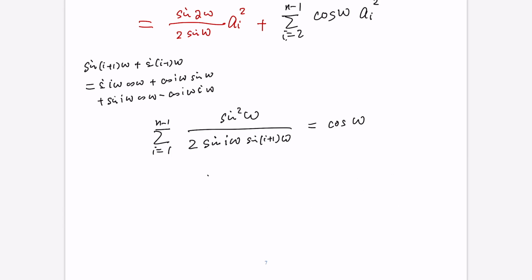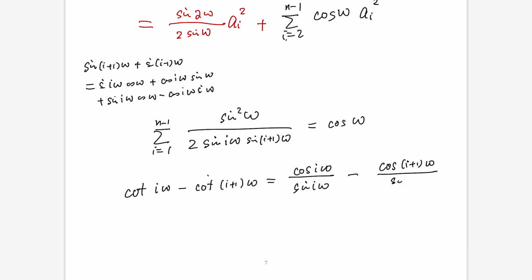So basically, I can consider cotangent i omega minus cotangent (i plus 1) omega. So it's cosine i omega over sine i omega minus cosine (i plus 1) omega over sine (i plus 1) omega, right?